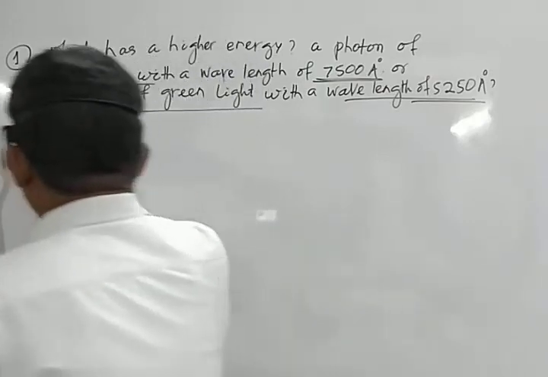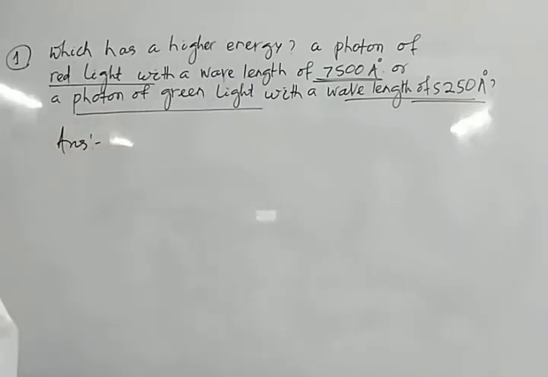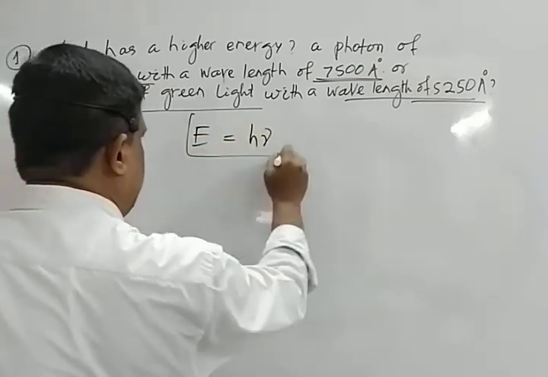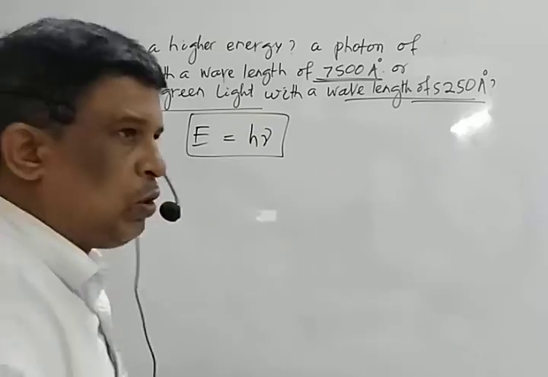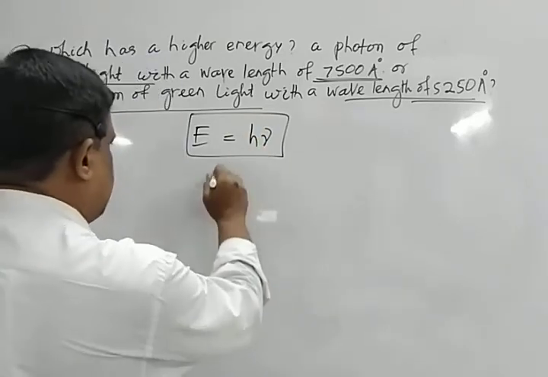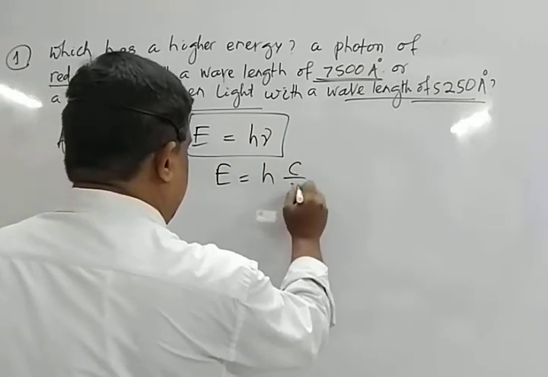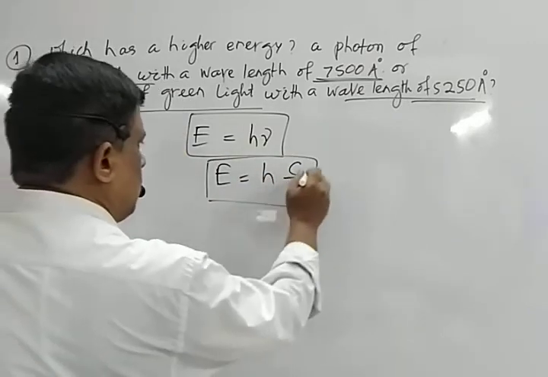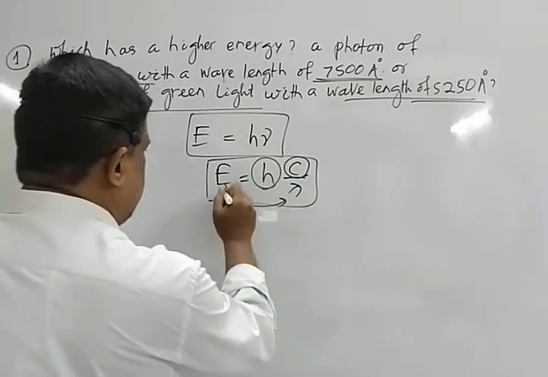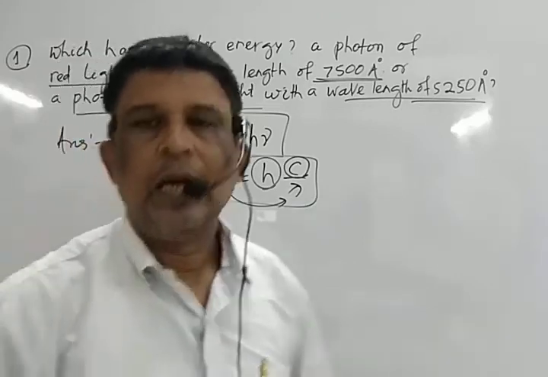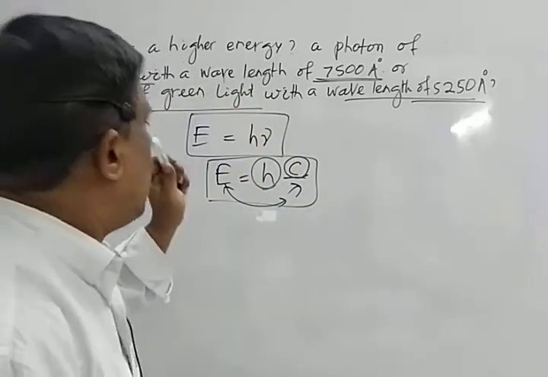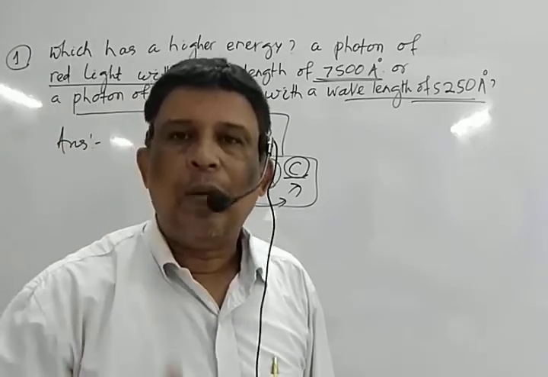Mark that answer. We know the relationship E is equal to h nu. And if frequency is not there, then we can replace it: E is equal to h c by lambda. Mark that. Here c is constant, h is constant. So energy is inversely related to wavelength. That means that one possesses higher energy whose wavelength is lower.